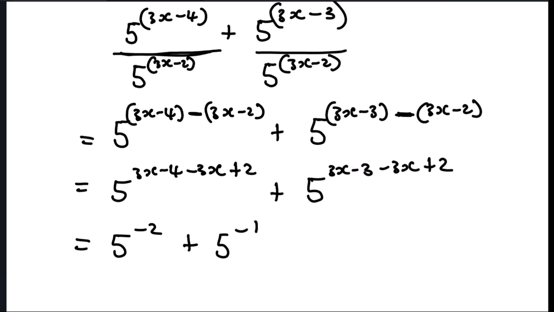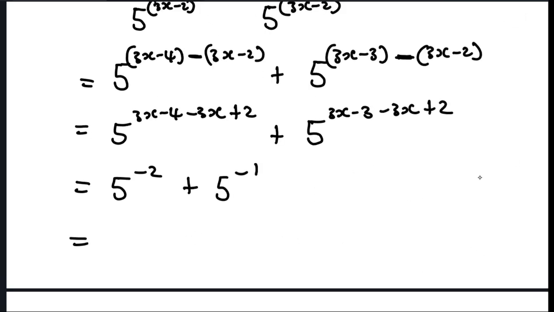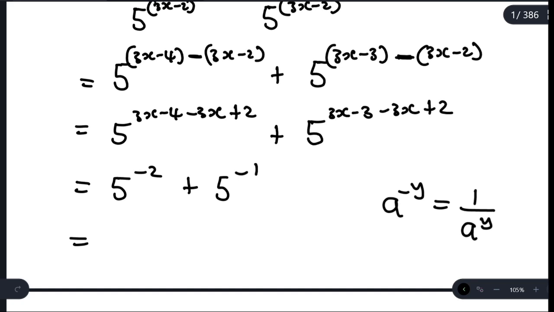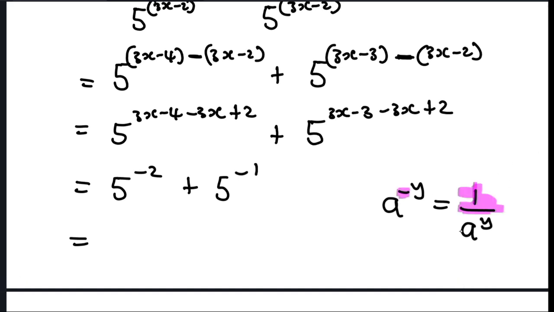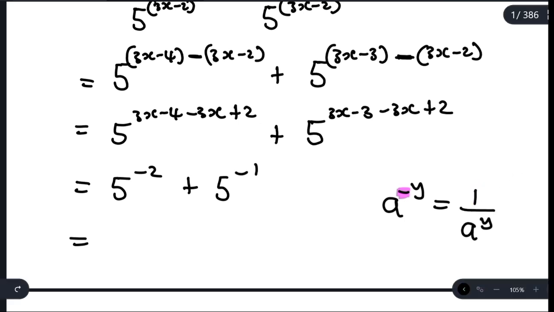So you see, we're almost done with this. Again, one of the laws of indices: if you have a negative index, for example, a raised to the power of minus y, this is also 1 over a raised to the power of y. So that is how to resolve a negative index. You can express it as a fraction.